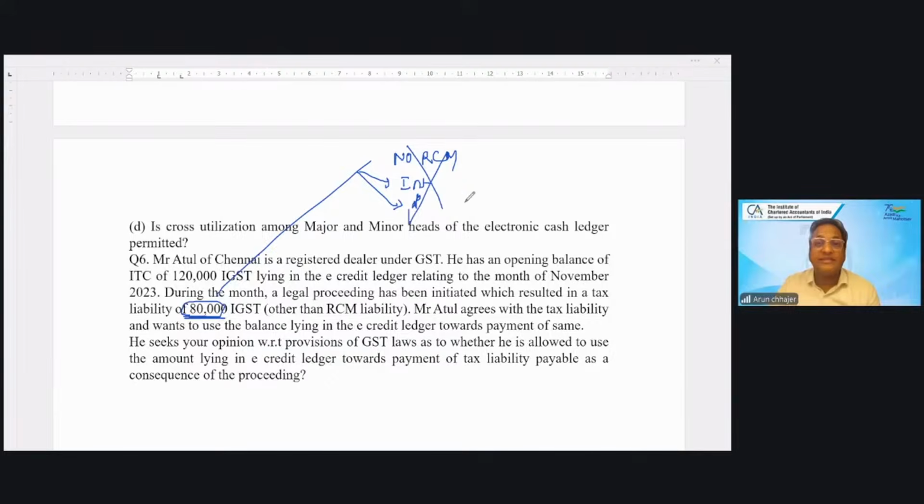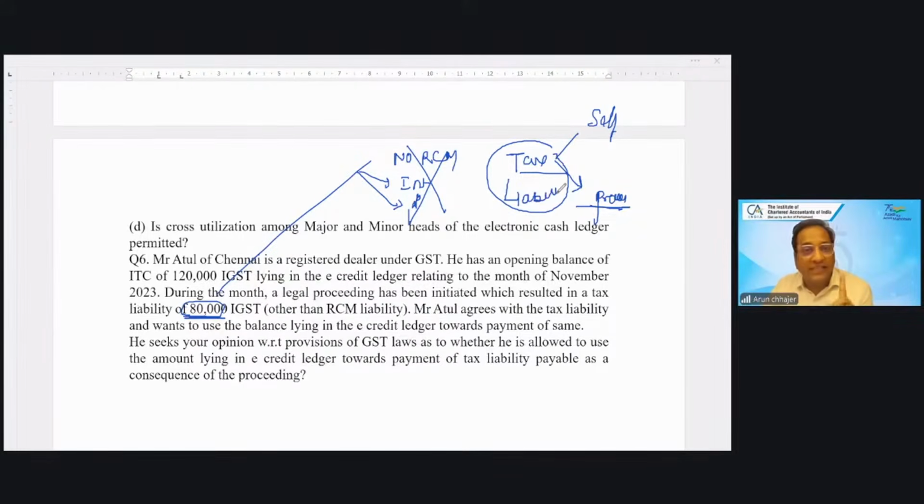So it means if the liability is of tax, whether it is self-assessed or it is being assessed due to any proceeding, in both the cases, the tax liability can be paid through ITC.